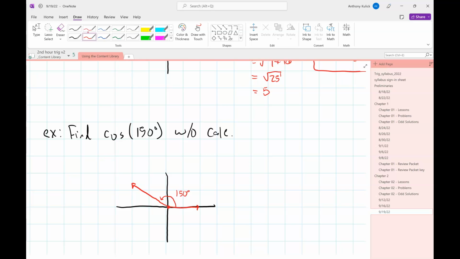Everybody's cool there? Okay. I'm going to pick some point P on the terminal side of that 150 degree angle. And then I'm going to draw my triangle. When I draw my triangle, I am always going to draw my triangle to the x-axis.